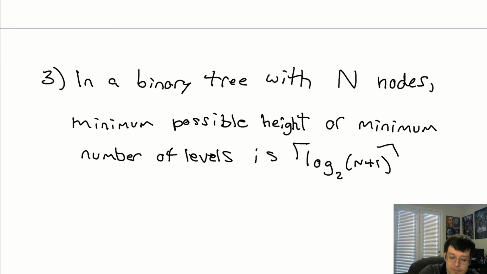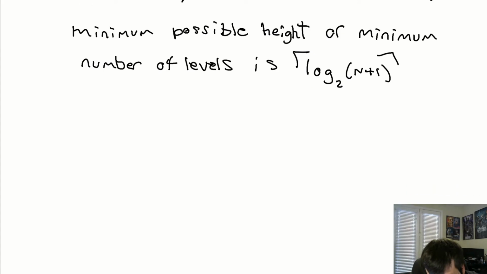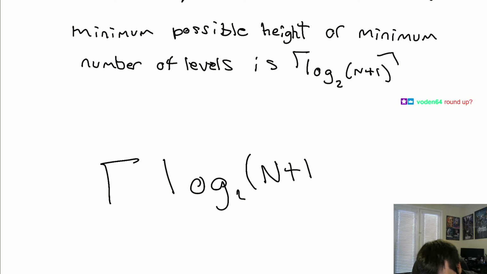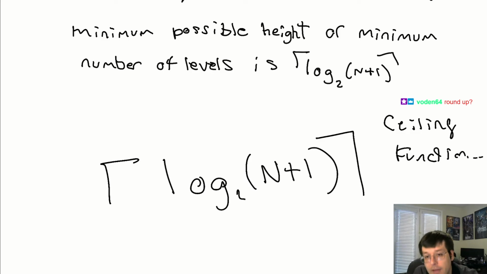I'll write them nicer so you can see them better. Round up. Yeah, that's pretty much what it means. The official fancy name is the ceiling function, but literally you round up.